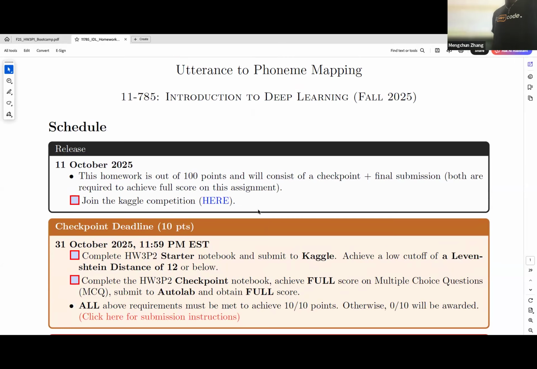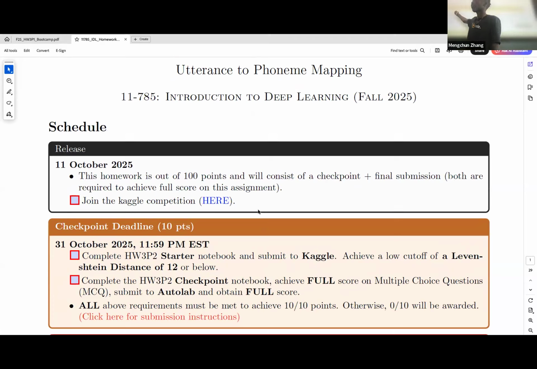Everything has been released on Piazza, including where you will submit your final submission and your checkpoint submission. The checkpoint notebook is there, the student notebook is there, and even this write-up that you're seeing is there. The deadline for the checkpoint is October 31st.